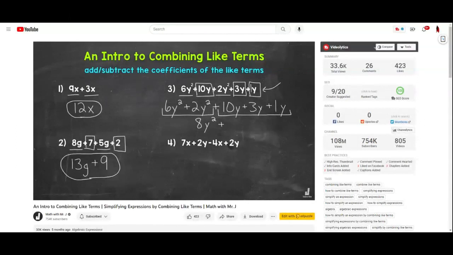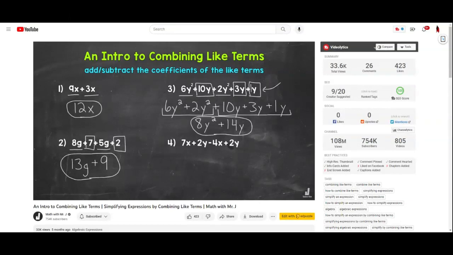So we have 10 plus 3 plus 1. 10 plus 3 is 13, plus 1 is 14. So we get 8y squared plus 14y. And that's the simplified expression. We now have an equivalent expression that is simpler than the original. We simplified the expression. We went from 5 terms to 2 terms.